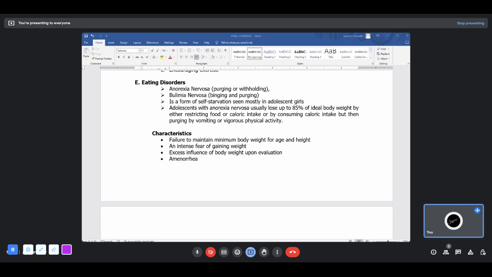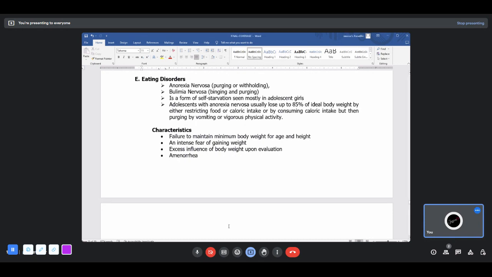Okay? For the characteristics, we have failure to maintain minimum body weight for age and height, an intense fear of gaining weight, takot sila, excess influence of body weight upon evaluation, and there is also amenorrhea. Okay? Hindi sila nagme-mens kasi hindi naman proper yung nutrition ng patient with eating disorders.